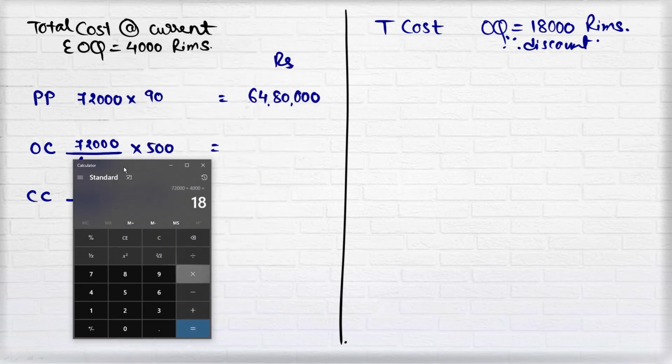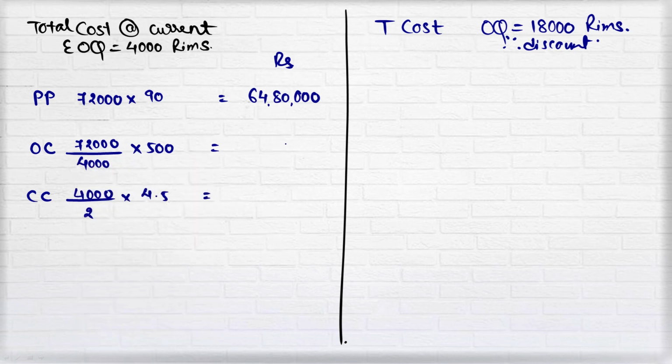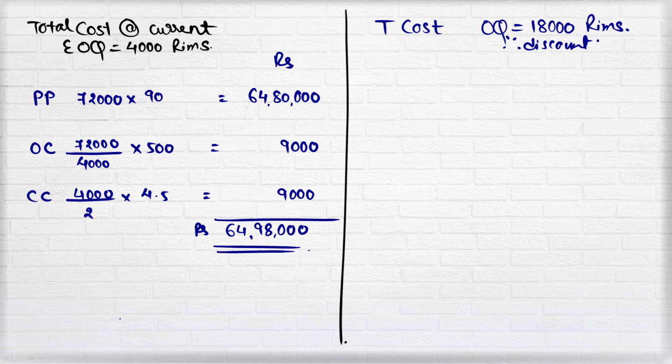So there will be 18 orders of 500. So this will be 9,000. And this also will be 9,000. 64,98,000 rupees will be total cost.